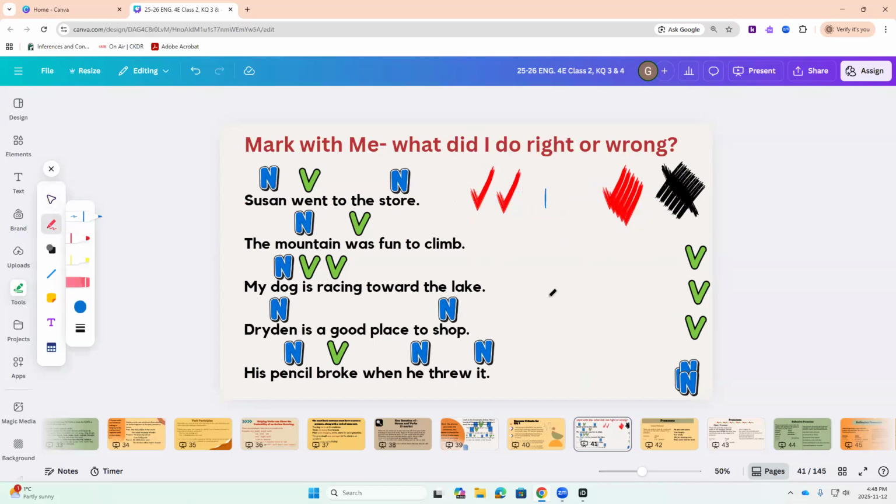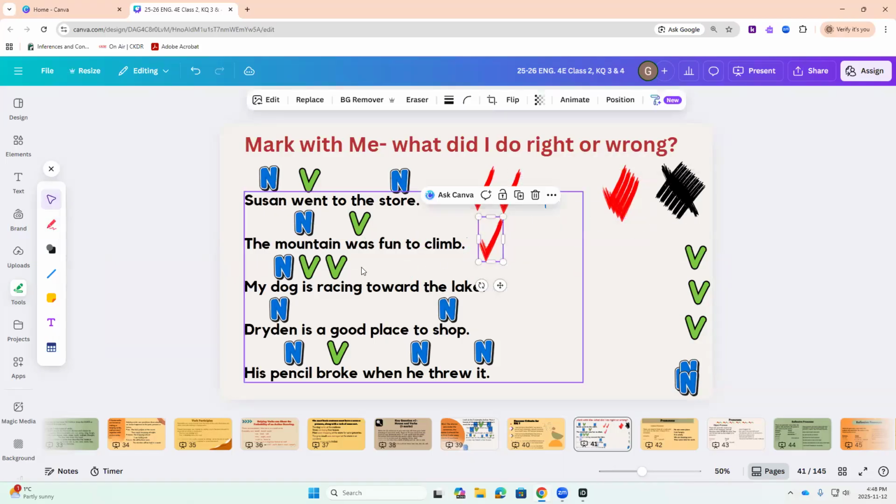The mountain was fun to climb. All right. Mountain, yes. And there's no other nouns. So that's correct. Was fun to climb. Fun is not a verb, but climb is.